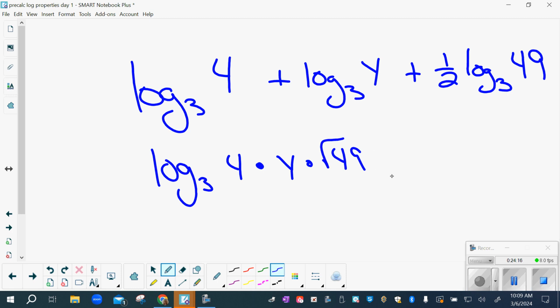And hey, I actually know the square root of 49. It is 7. And you could write it like this. That's not wrong. It's not pretty, but it's not wrong. But if you wrote it like this, 28y, that is even prettier.